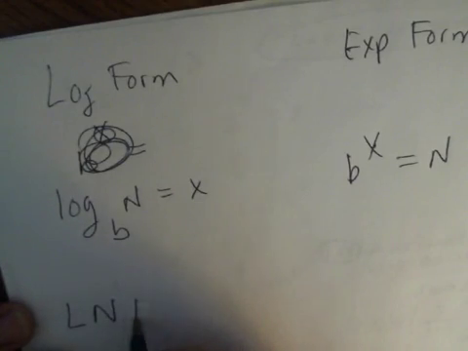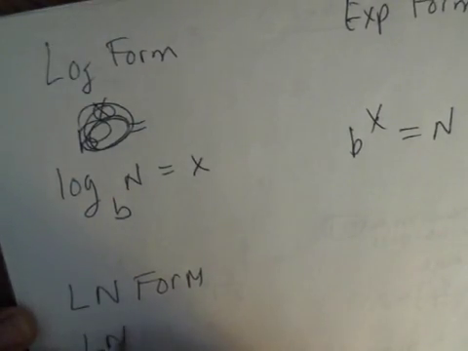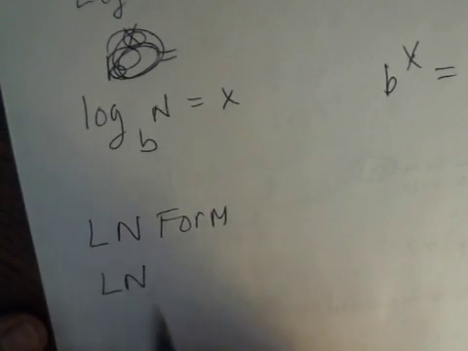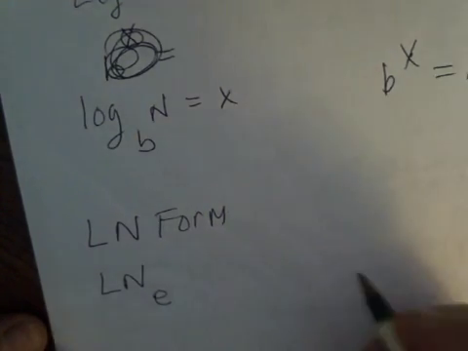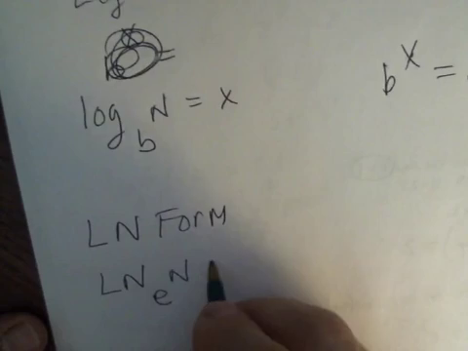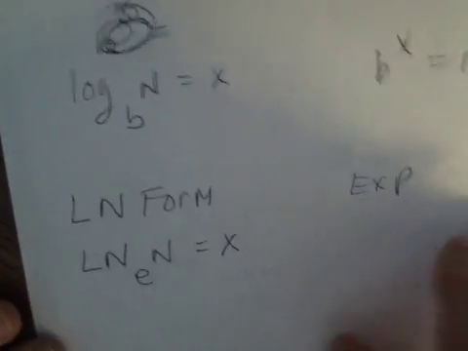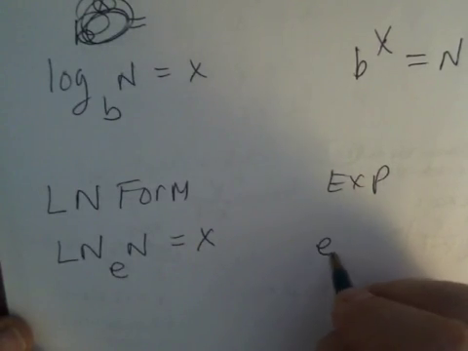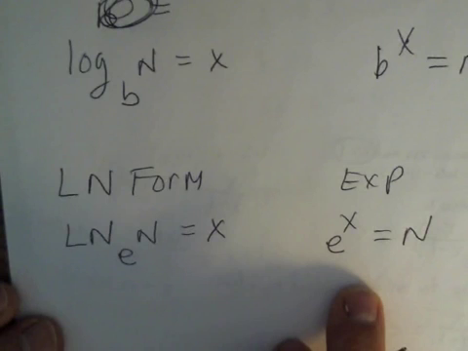Now, the natural log form, the base is e. So it's ln, it's not in. You'll never see the base written because it's the only base it has. But we know the base is e. So the setup is still the same. The only difference is the base doesn't ever change, always e.